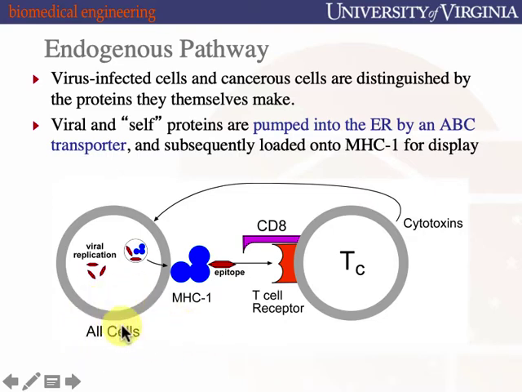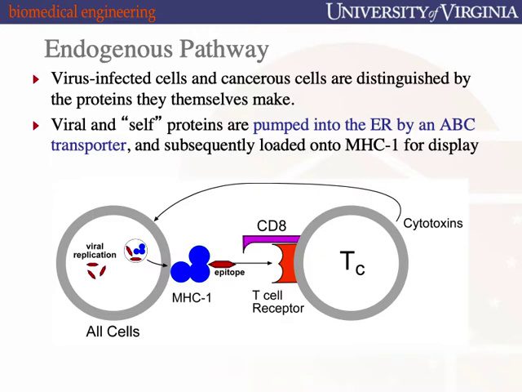Now this MHC class 1 is expressed on all cells. So a virus in this case is not being phagocytosed by necessarily a phagosome, but rather infecting a normal cell. And this is also the process that's going to engage our own immunity against cancerous cells, cells that are now all of a sudden expressing some type of mutant protein that they shouldn't be making.